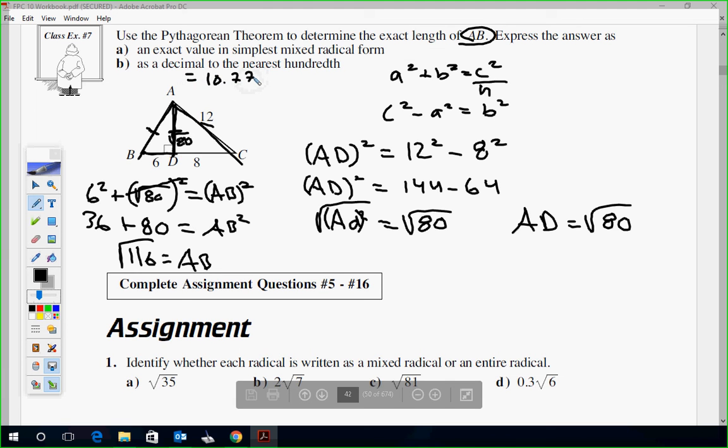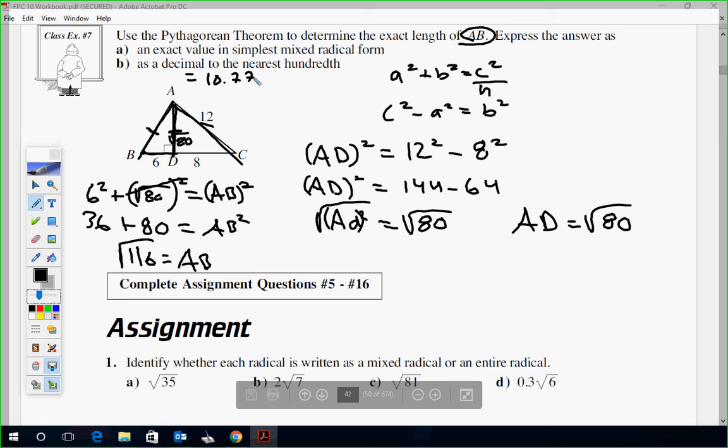But to break it down, somebody tell me, 116, what are you going to try? Half of 116 is 58, so we're going to start there. I'm not going to try 49. 36, nope. 25, definitely not. 16, maybe. Does 16 work?